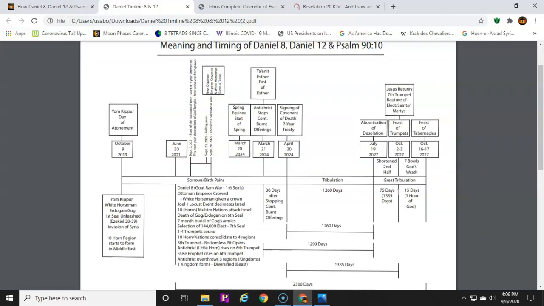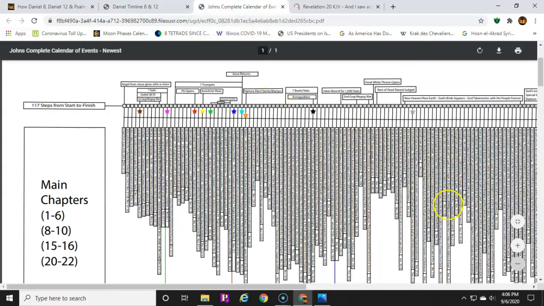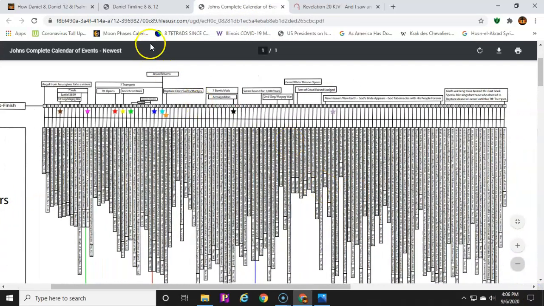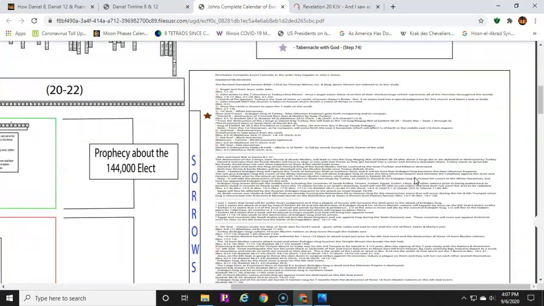So I hope this has helped you understand the timelines, the graphs, and all the different components that I put together so that you can start to see how this is going to unfold, how this timeline here matters, how each and every one of these charts work together, how that if you go over here, you can see each and every one of these steps.